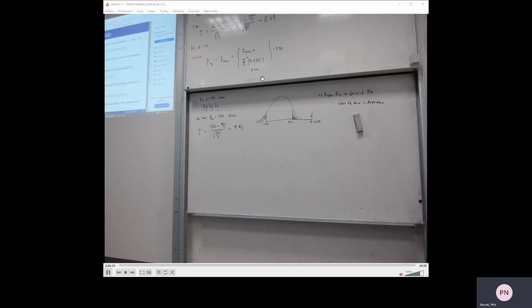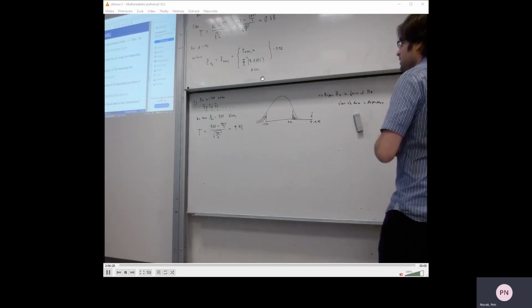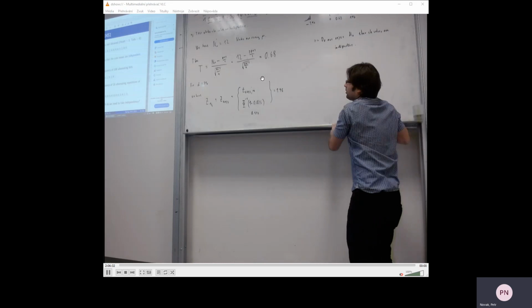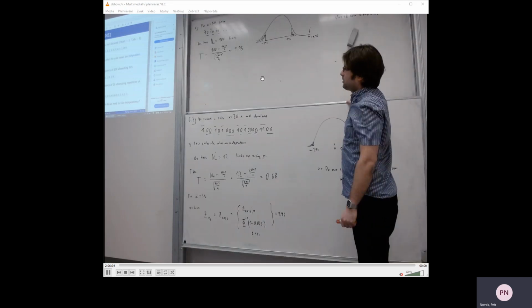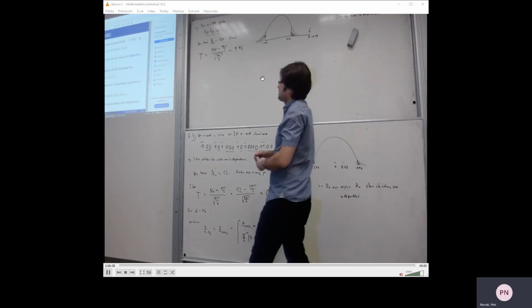Make sense? Now, part D asks us what would happen if we would take blocks where there will be 10 times 1 and 10 times 0.